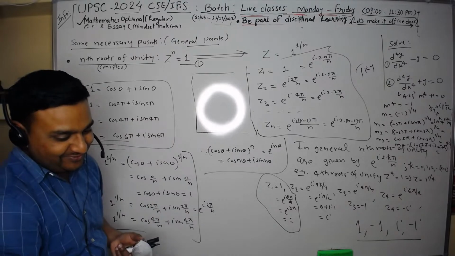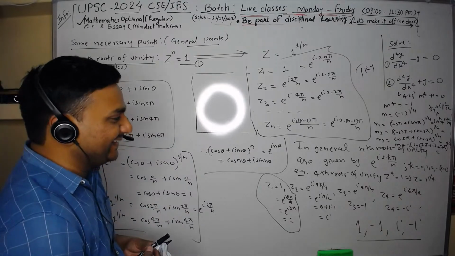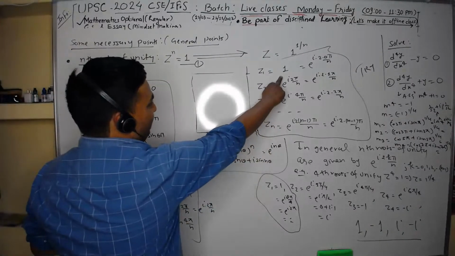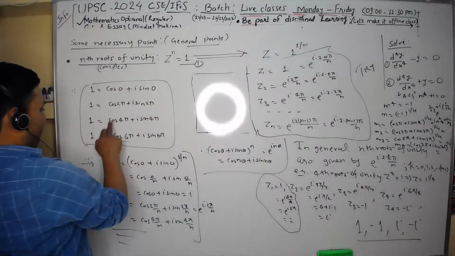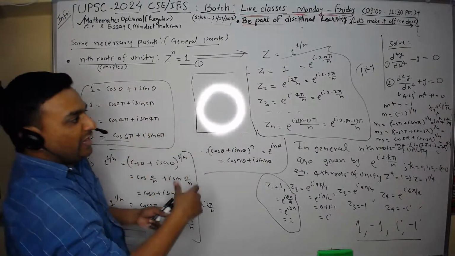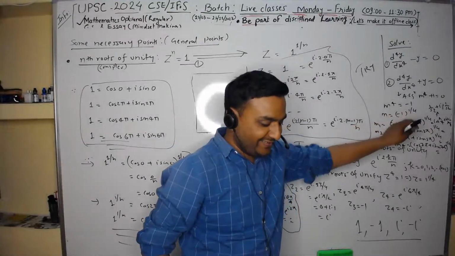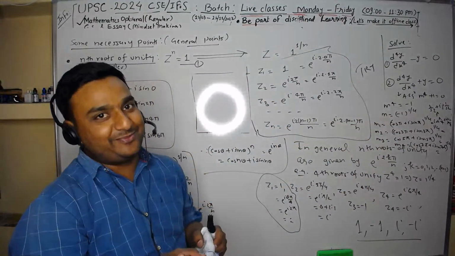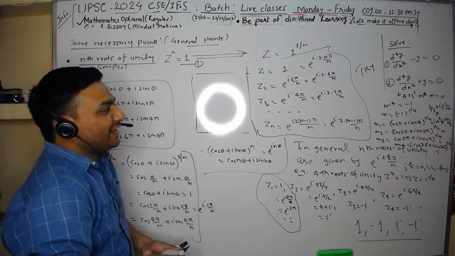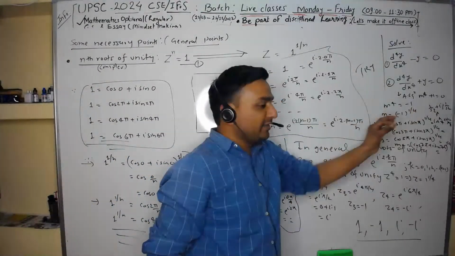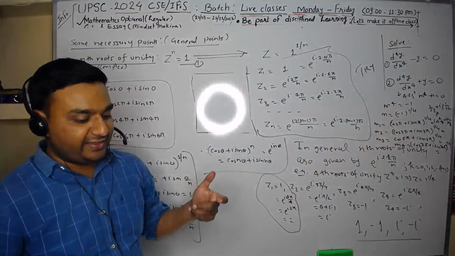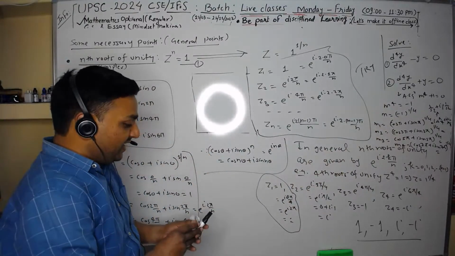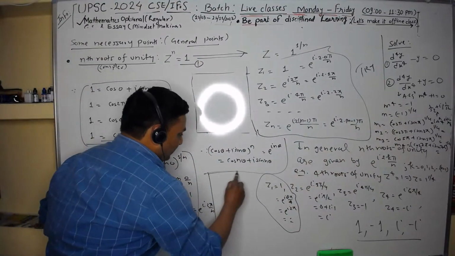Roots of unity, please follow this process, how I wrote 1. Now if they give you 2 here, it won't work, because the values of cos and sin lie between -1 and +1. If they write m power 4 equals 2, don't think you can't manage this. It will be managed.